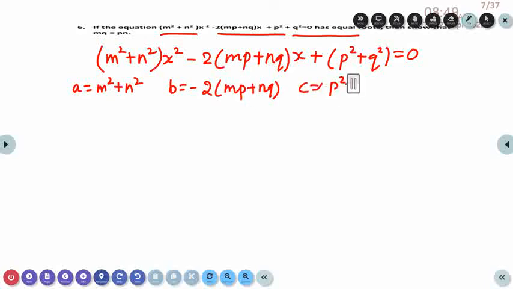Now this can be written in the form of an identity. This identity is a minus b whole square, where a is mq and b is np.